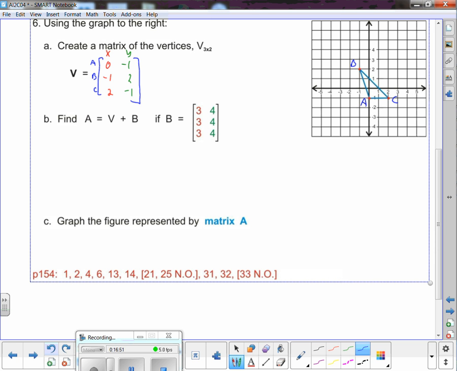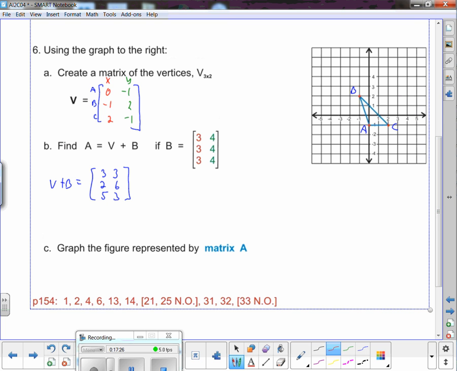So go ahead and do V plus B, and then graph the figure. All right, hopefully yours looks like that.